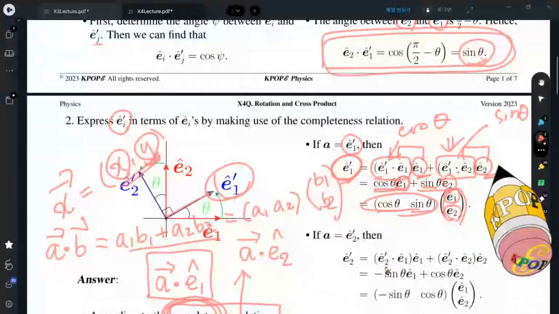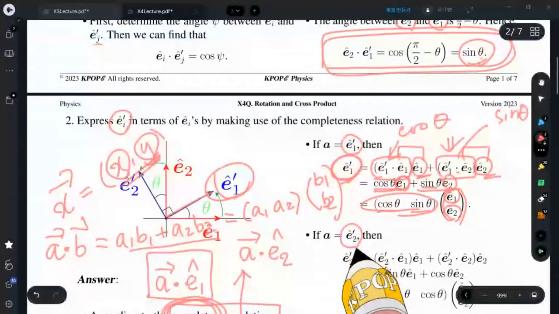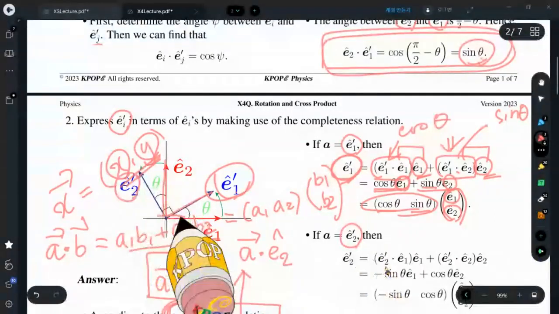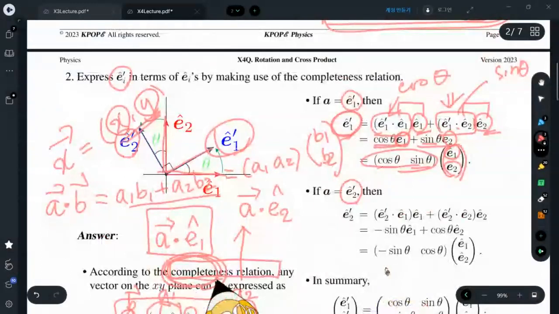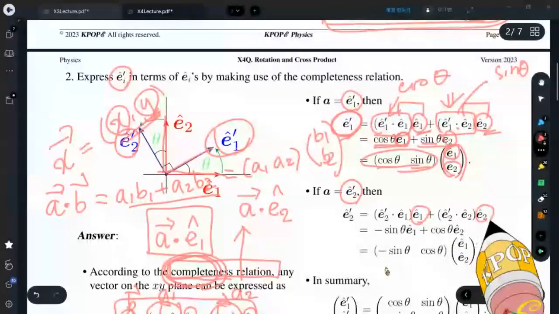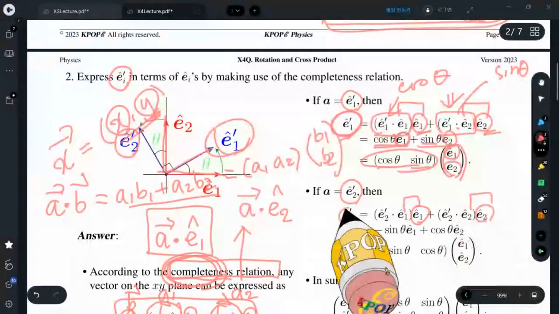In a similar manner, I can expand E2 prime in terms of this guy and this guy. Again, I apply the completeness relation, E1 plus E2. What are the coefficients? E2 prime dot E1, E2 prime dot E2. Copy this one in here and there.